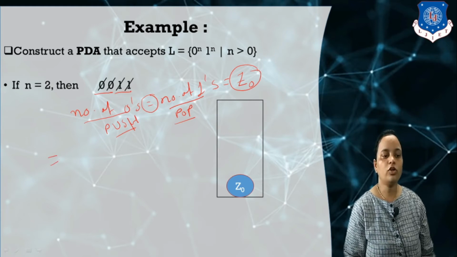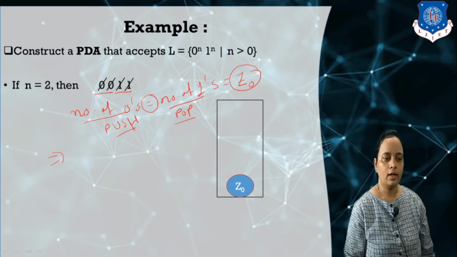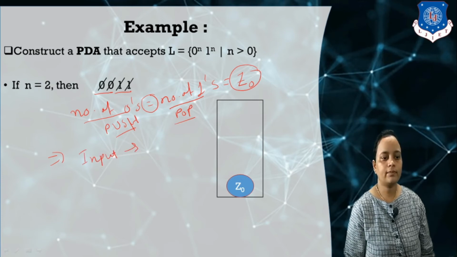Now I want to write down the transition. So how can we write it down? Here I am not going to consider the state. In the next slide we will understand how to take the state, but right now I am going to take the input, and then whether I am going to push or pop.